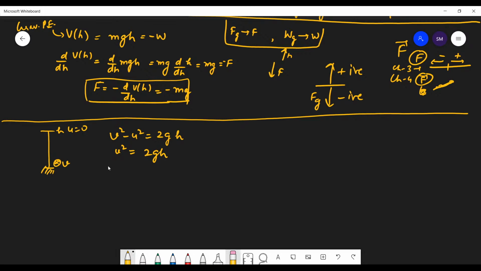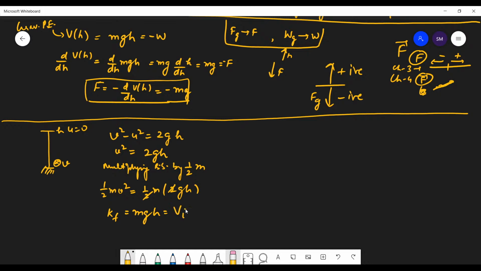So now multiplying both sides by half m, what do I get this side? Half m v square is equal to half m into 2gh. So this cancels out, and this comes out to be the final kinetic energy. So this is your final kinetic energy and this is your mgh, that was your potential energy. So that was your initial potential energy.